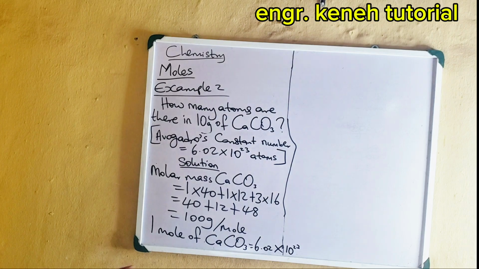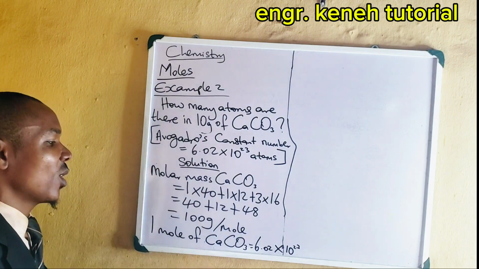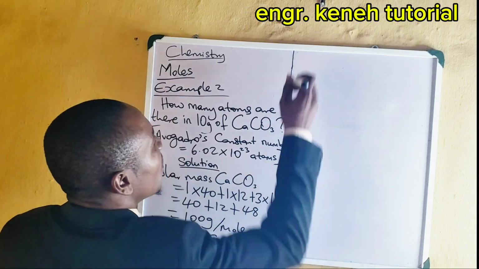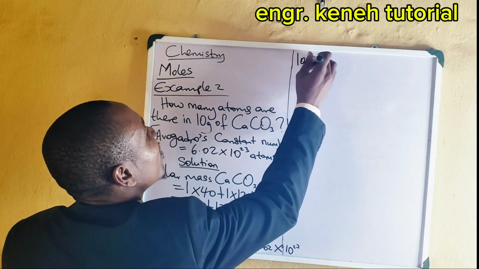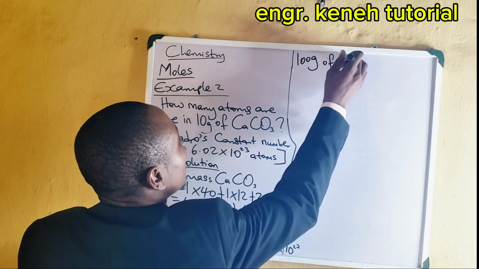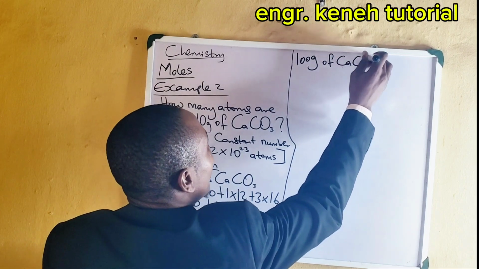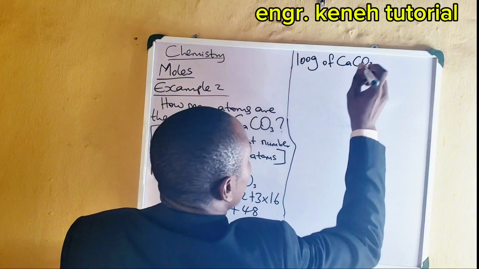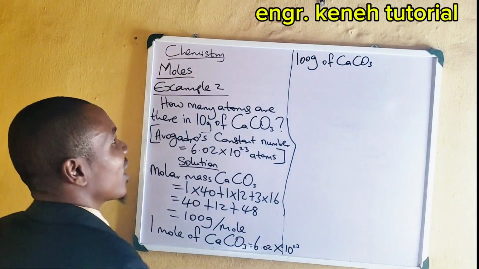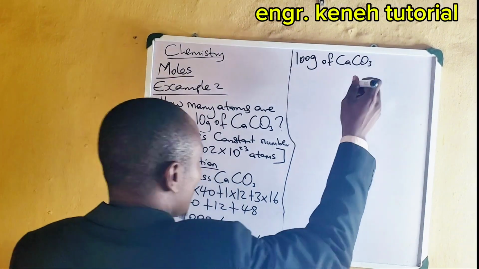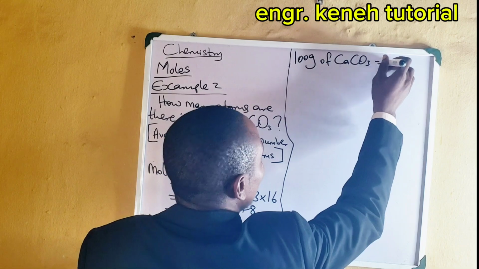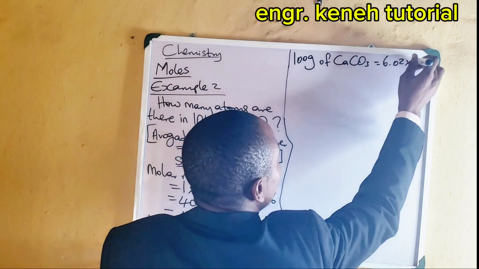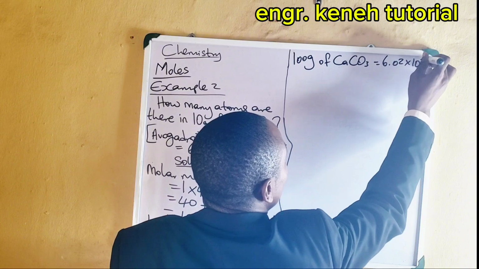But the mass of this 1 mole is what? 100 grams. So we have that 100 grams of calcium trioxocarbonate(IV) will contain 6.02 times 10 raised to power 23.